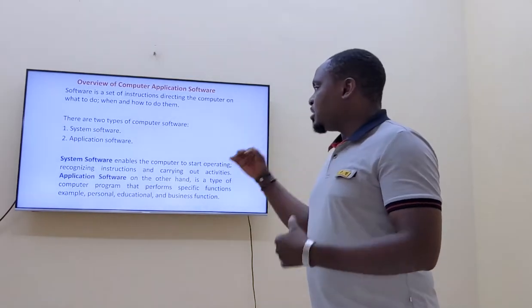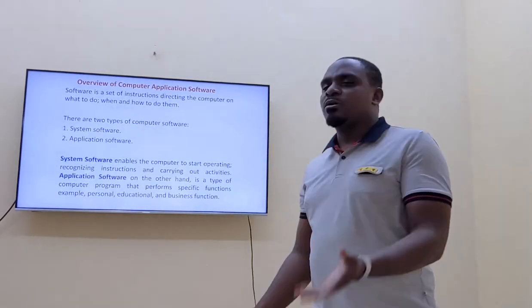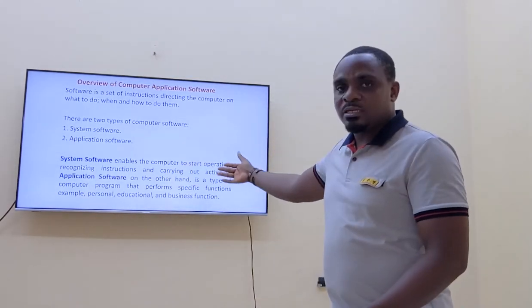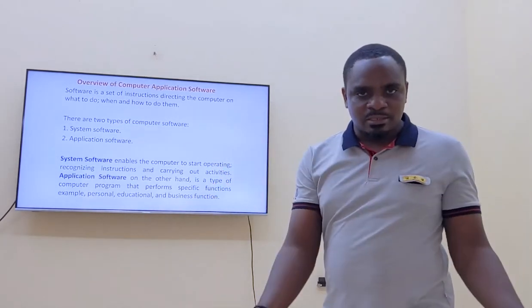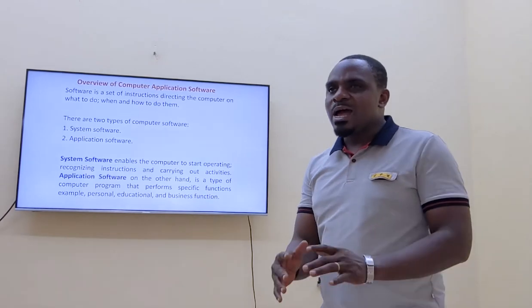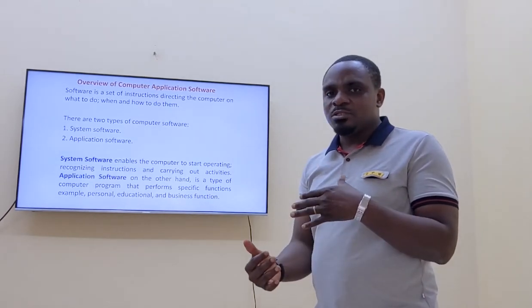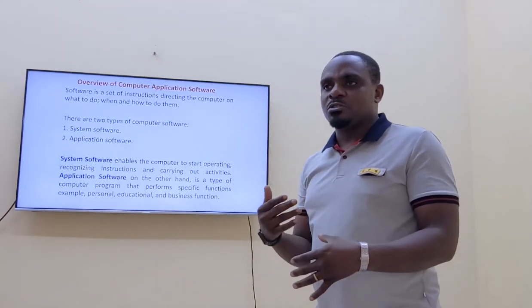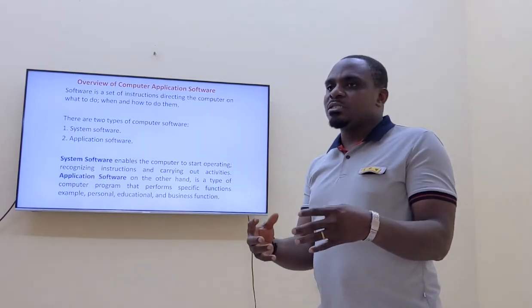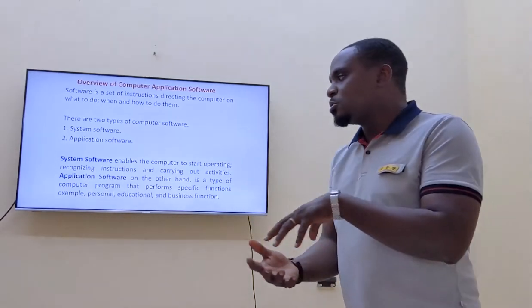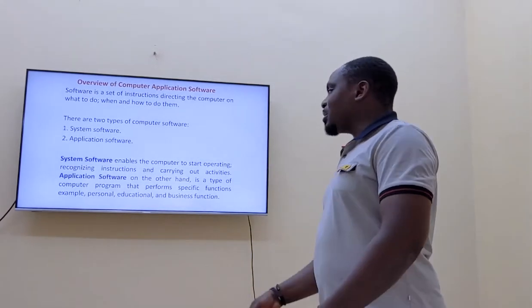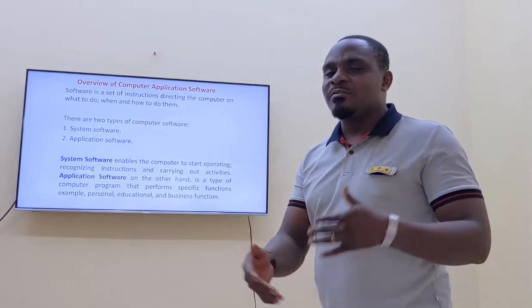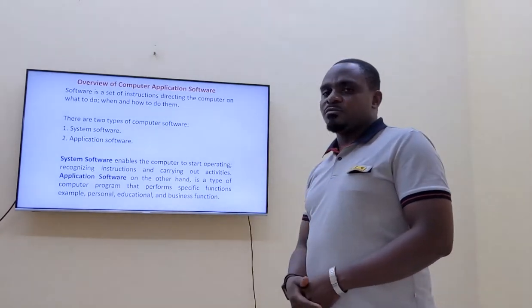So the system software enables the system to recognize those instructions. The machine is just there as a machine, but it has the ability to accept instructions. What enables it, what defines those instructions to it, is the system software. What enables it to carry out those activities in diverse means is the system software.